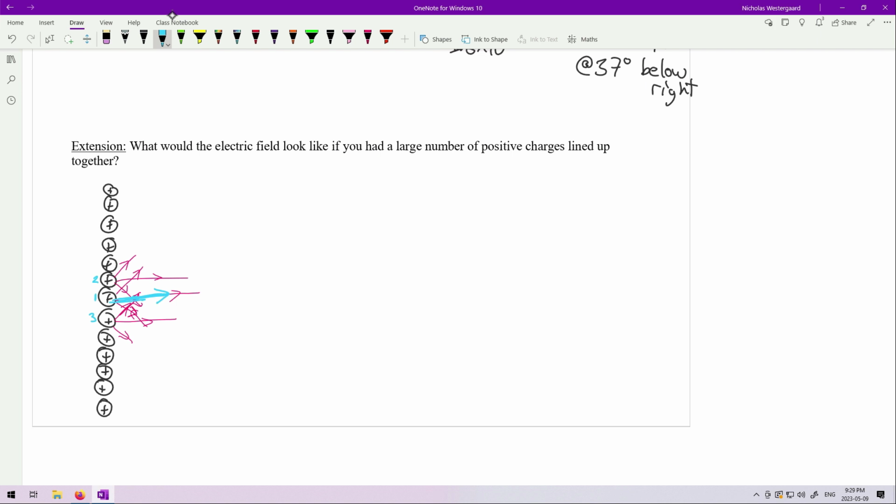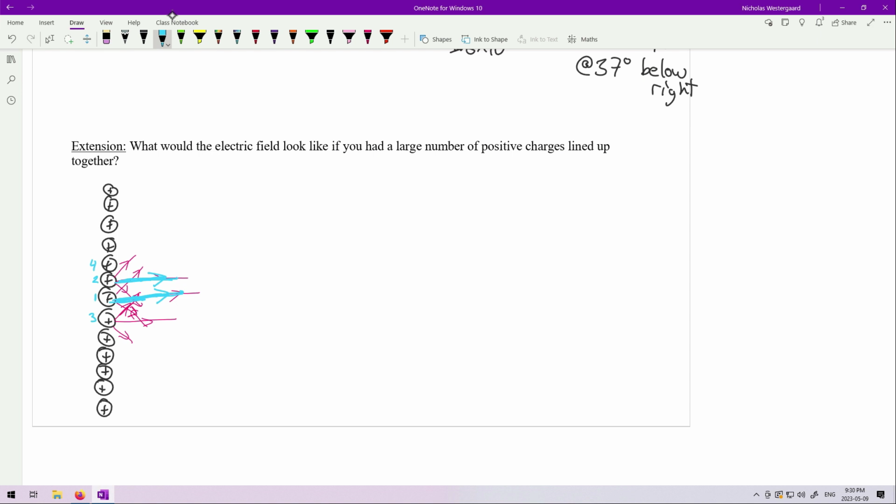And you could argue, but what about the ones above? What about the ones below? You can see that symmetrically, they should all cancel out, and this only has an electric field headed to the right. What about 2? Well, the same argument is happening, but between 1 and 4, you'd end up having pushing up and to the right and down and to the right, and it ends up all going to the right.